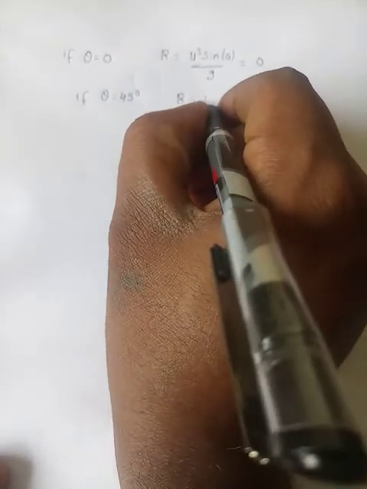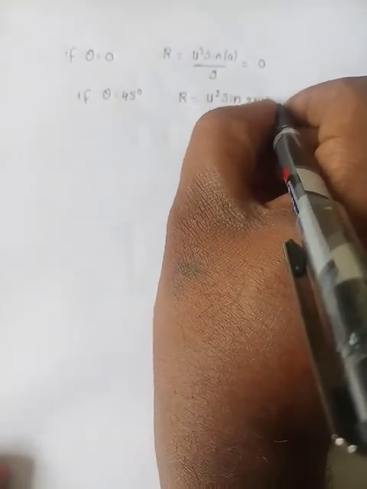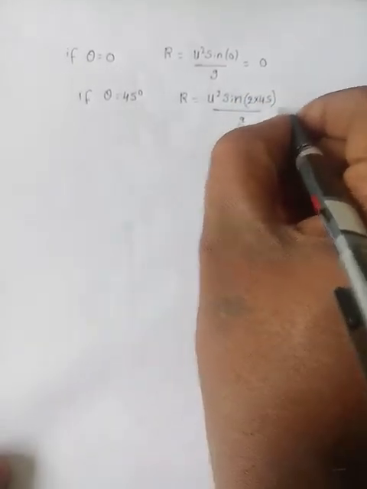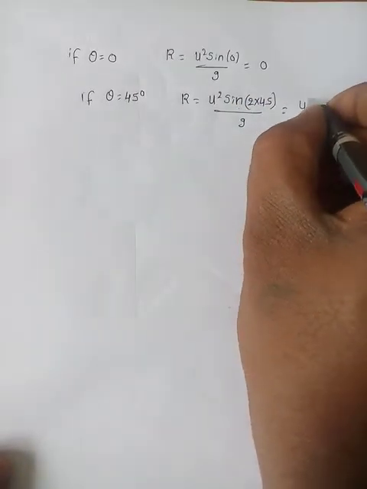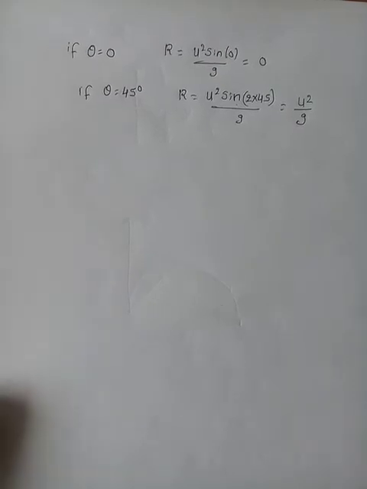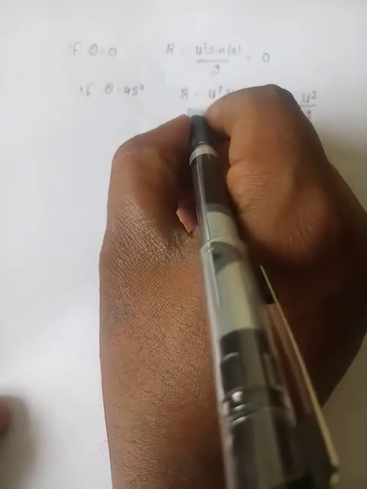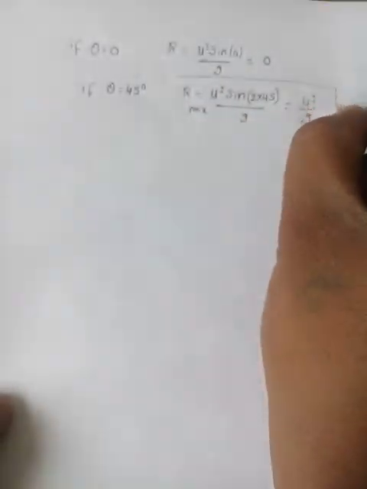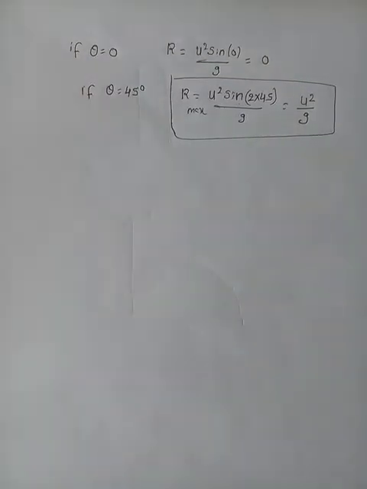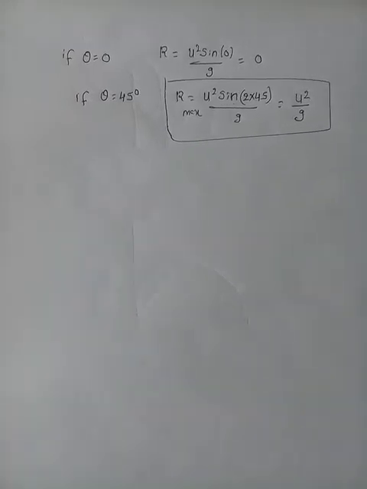When you project at an angle of 45 degrees with respect to horizontal, the range is maximum, because R is equal to u square sin 2 into 45 by g. Sin 90 is 1, so you get u square by g. So range is maximum when projected at 45 degrees, and the height is maximum when it is projected at an angle of 90 degrees.